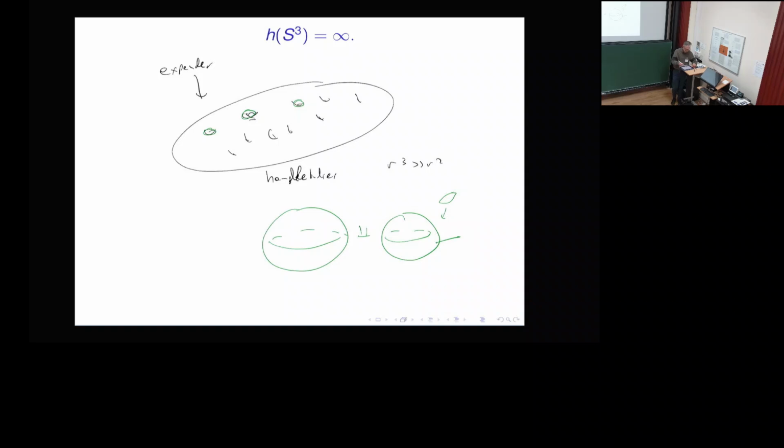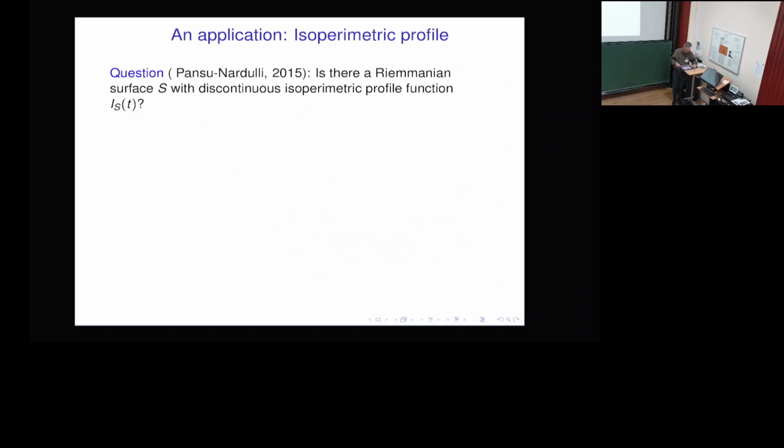Okay, so different such examples were constructed earlier by Burago and Ivanov. But my point is that from expanders you go to surfaces and you go to spheres, to 3-spheres.